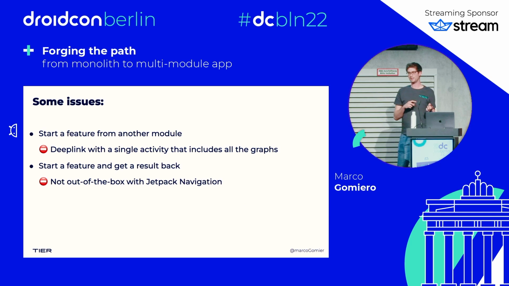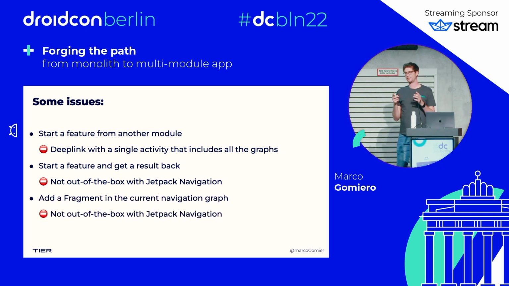The second thing is getting a result back. Again, it's not out of the box with Jetpack Navigation, but you have to start the activity for result. So we were already handling this case without Jetpack Navigation. So yet another separation, two ways of doing the same concept. And finally, adding a fragment to the current navigation graph is, again, not possible out of the box with Jetpack Navigation.